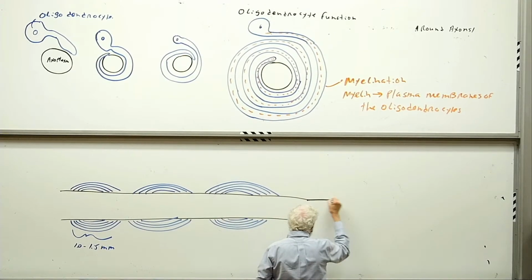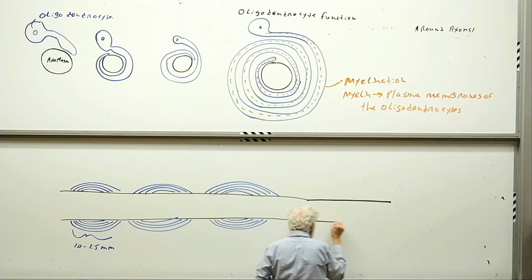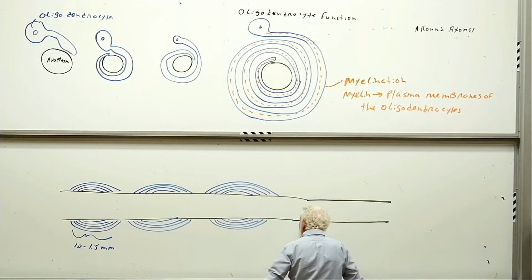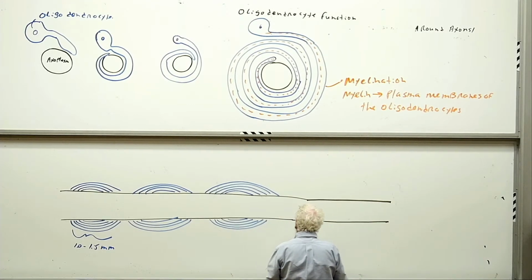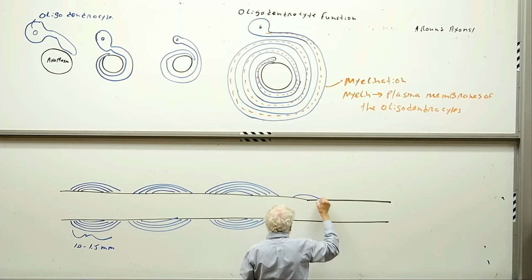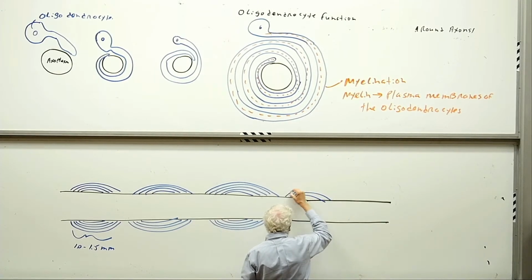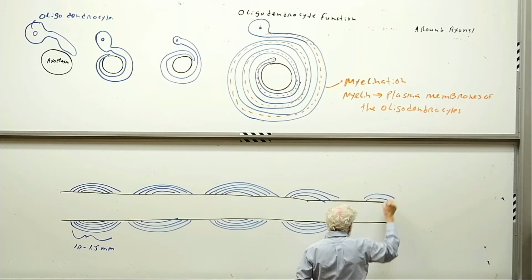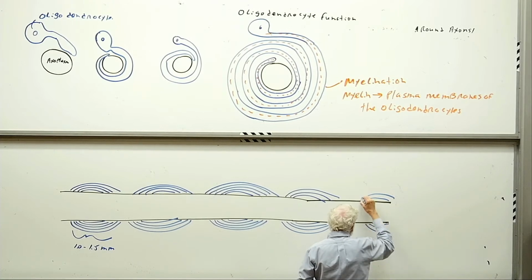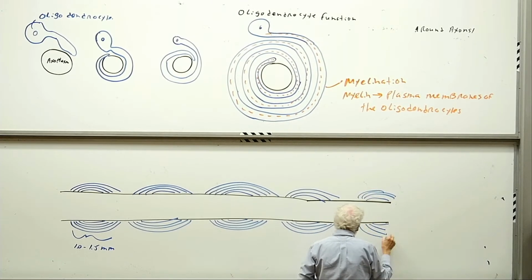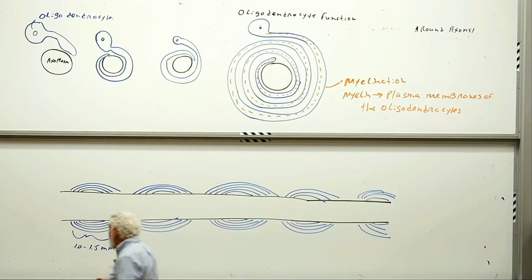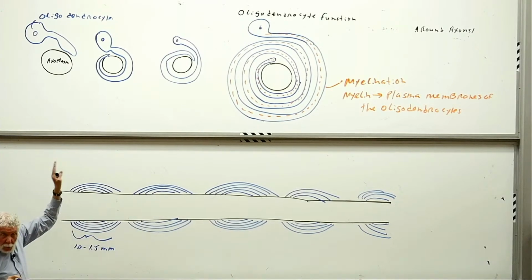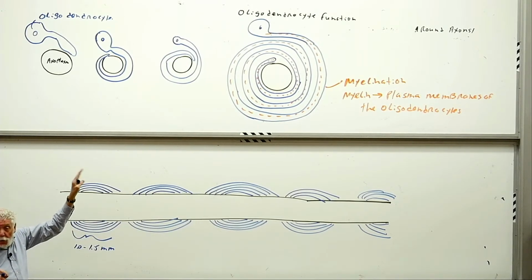Now you notice what I'm doing. I'm leaving gaps in between each of these oligodendrocytes. Put one here. I think it's easy from the upper view to see how that's an individual cell. Well, this is just a different view.